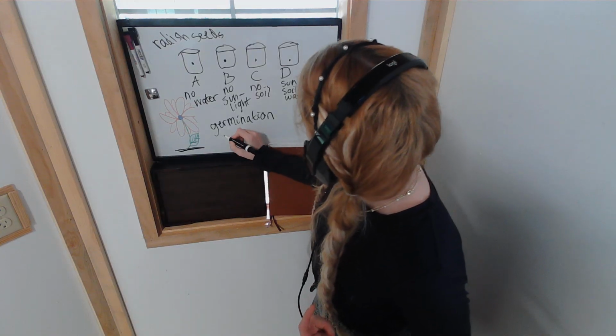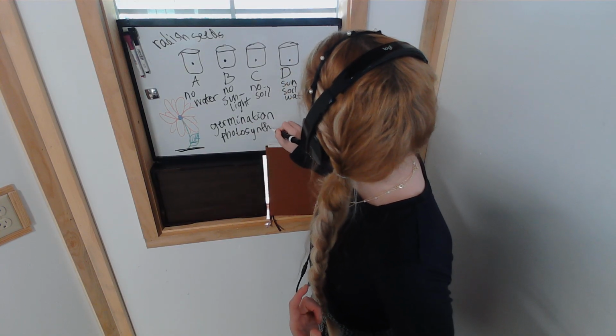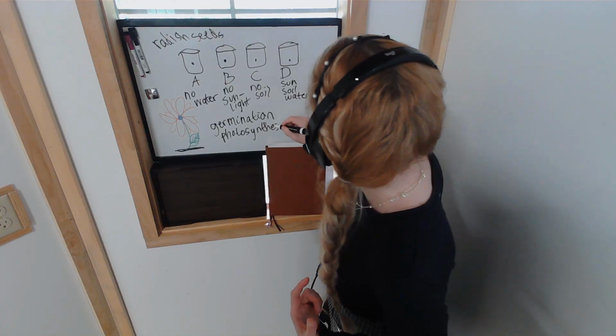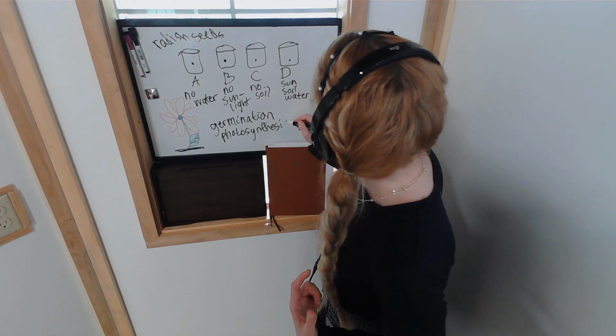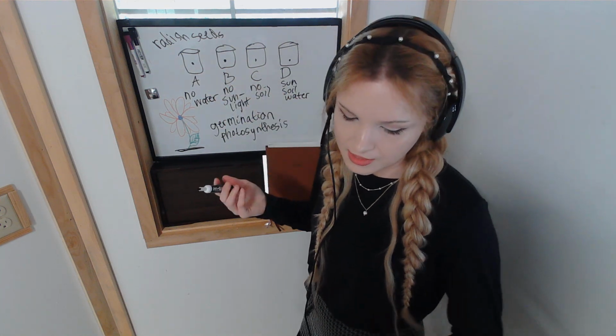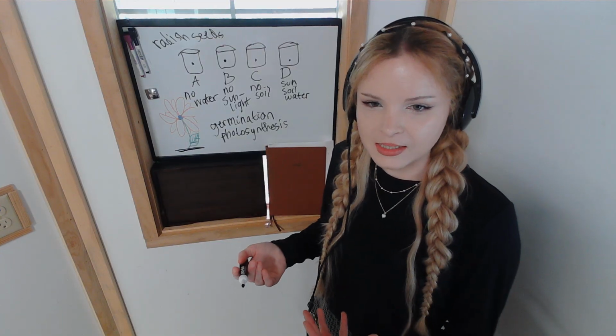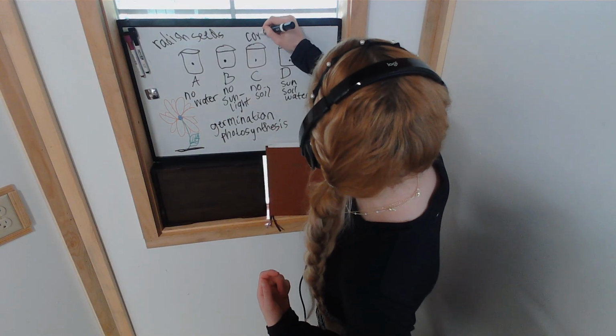And I would likewise continue teaching the concept of photosynthesis, and we would do photosynthesis. I promise I can spell that. Photosynthesis, and we would do that using this experiment. So I would also discuss the scientific method. This is a controlled experiment.